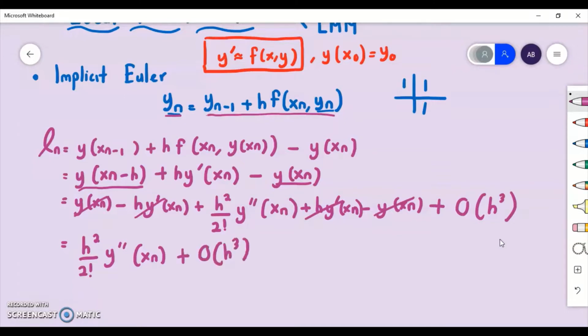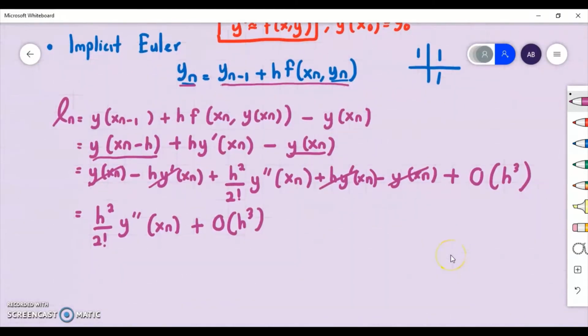So we can say that the order of the method is 1, because for local truncation error, if you have h squared, the order is h to the power of p plus 1, so the method is order 1.